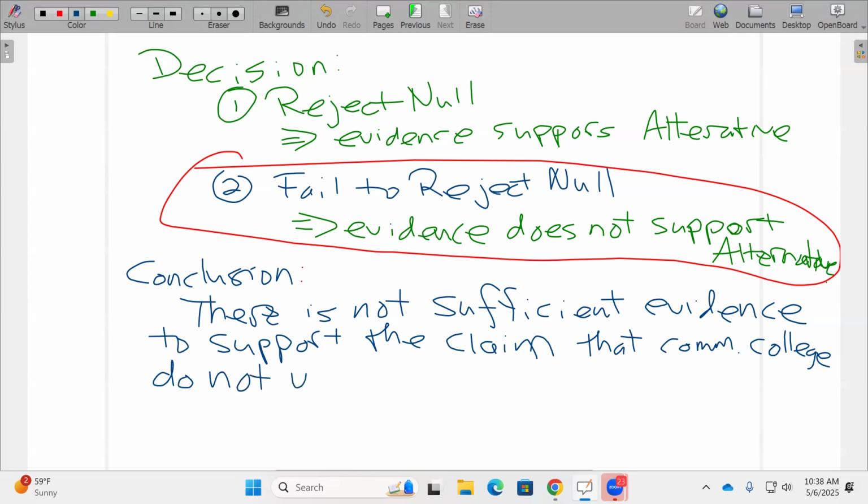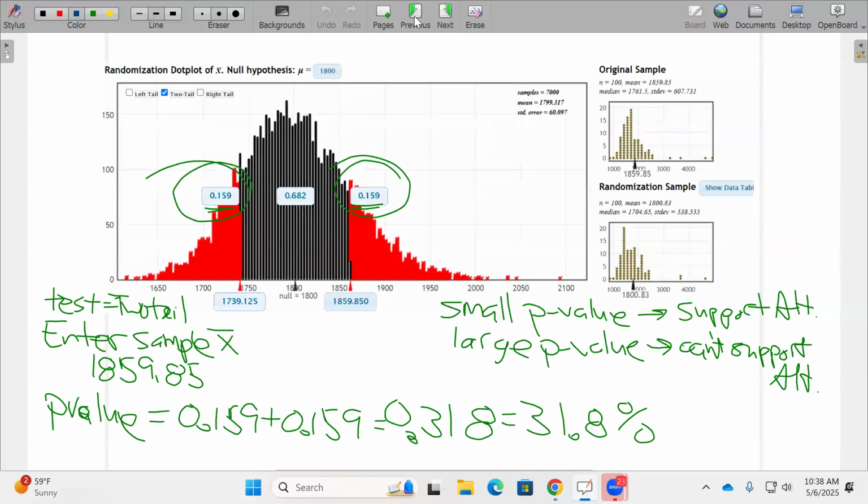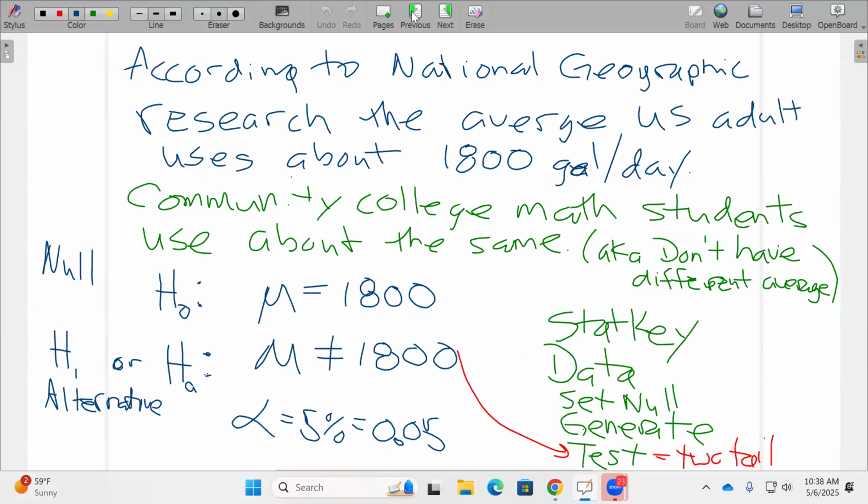do not have, I don't want to word that. I've got to look back at the beginning to figure out a good wording for that. Let's see. According to National Geographic research, the average US adult uses about 1,800 gallons per day.